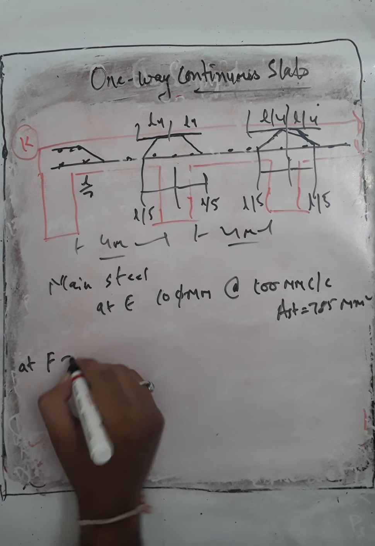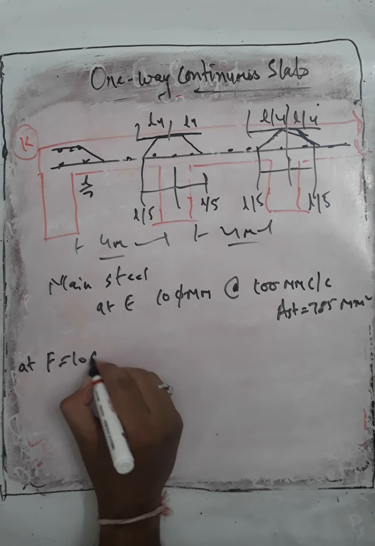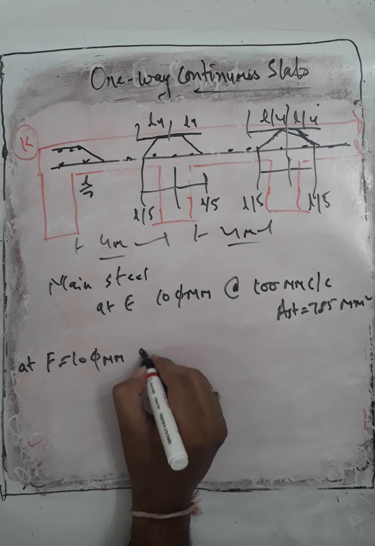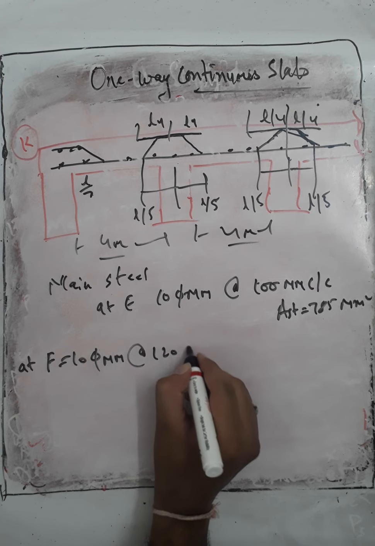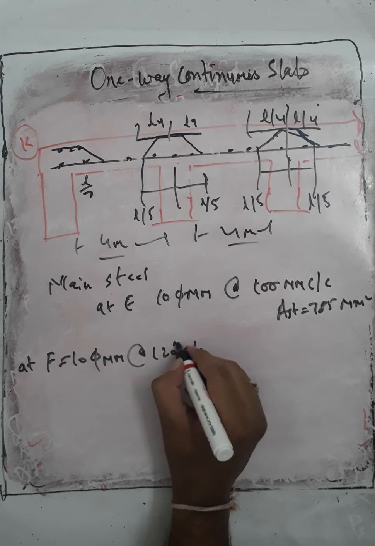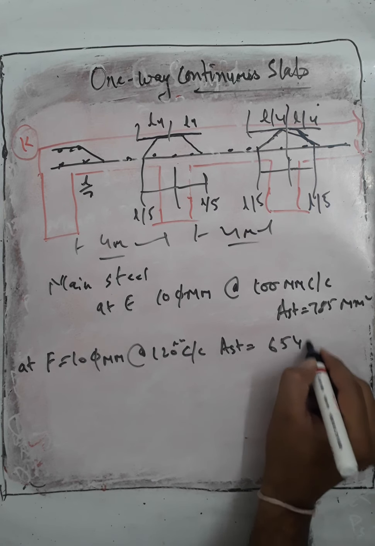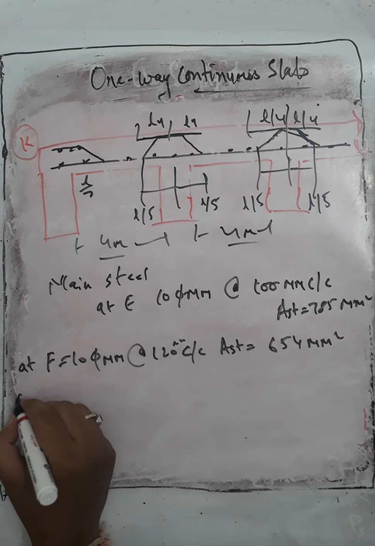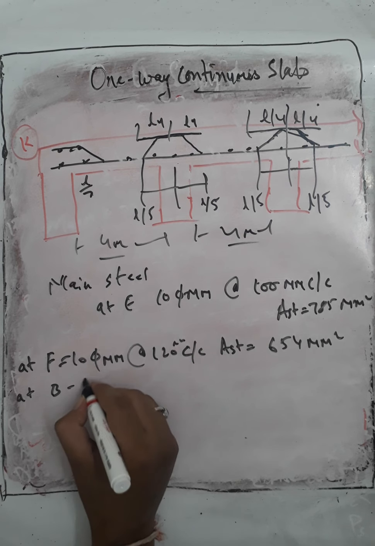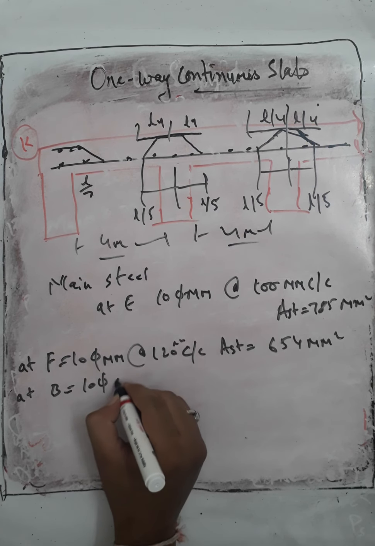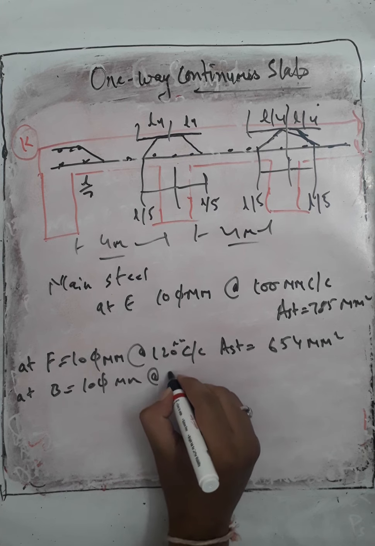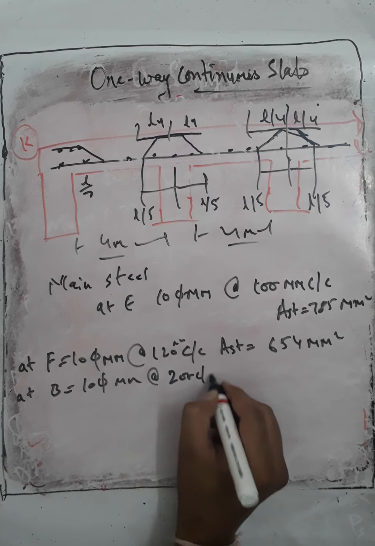At F 10 mm dia at the rate 120 mm center to center, AST is 654 mm square. At B 10 mm center to center distance is 200 mm.